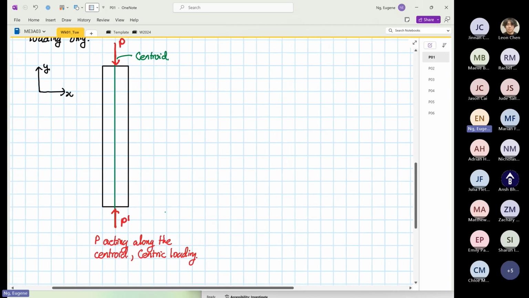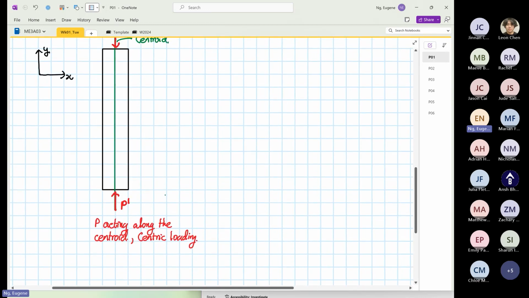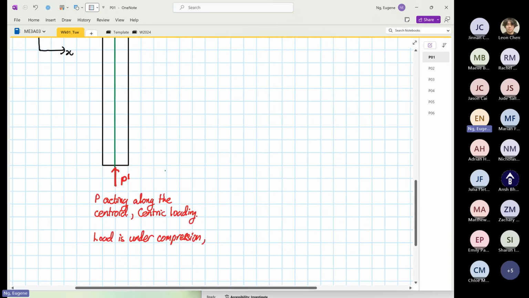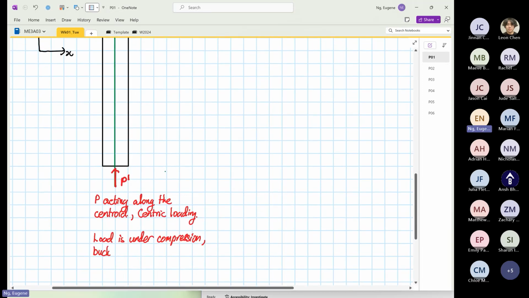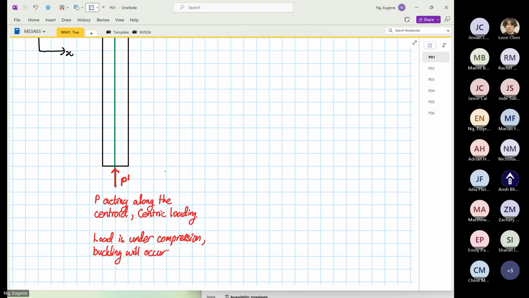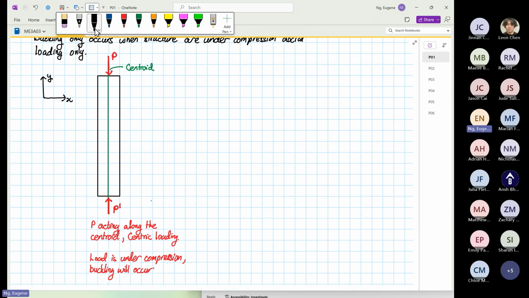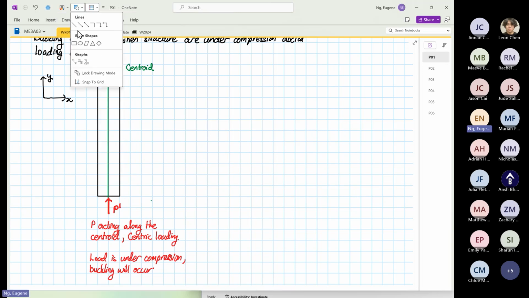For this case, the load is under compression, and buckling will occur. Another loading condition which can also induce buckling looks like this.